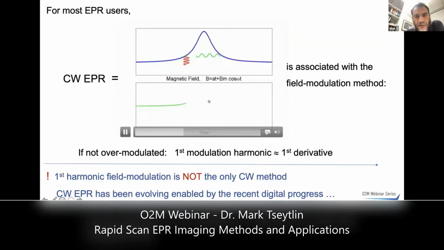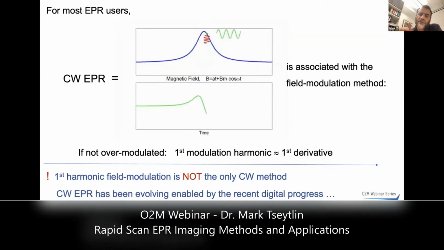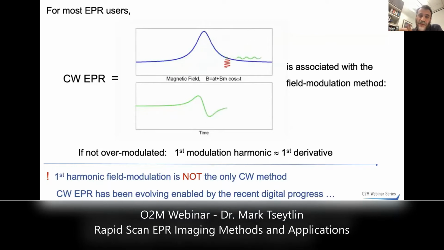So as you modulate, there is this response. And when you measure the amplitude and the phase of this response, you get the first derivative of the EPR line. And that's pretty much what comes to mind to many EPR users when somebody mentions CW.